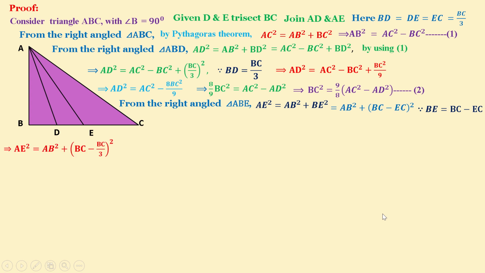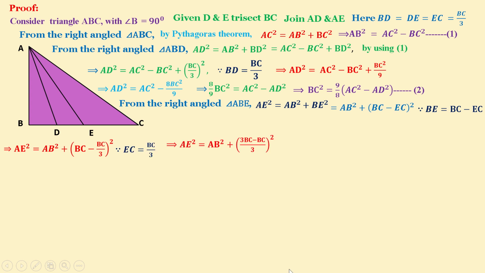EC is BC by 3, because BC is trisected. So BC minus BC by 3, the whole square.